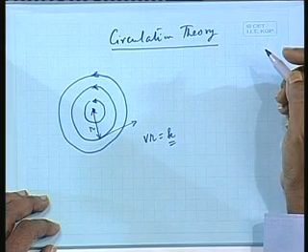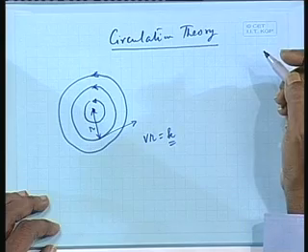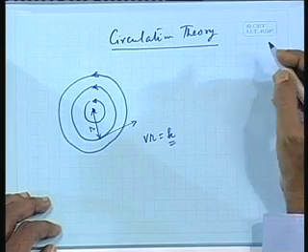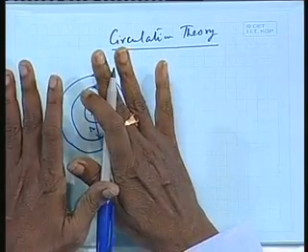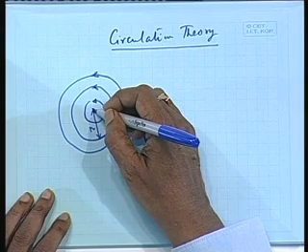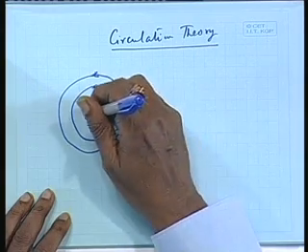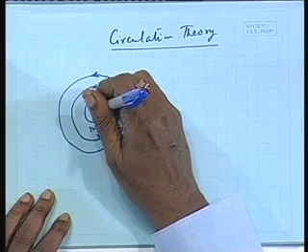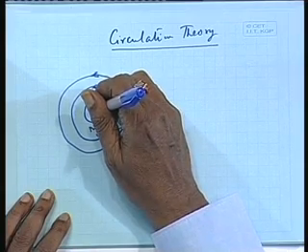Okay. So far we are talking of free vortex. We will talk of bound vortices later. Now, this center is called a vortex line.